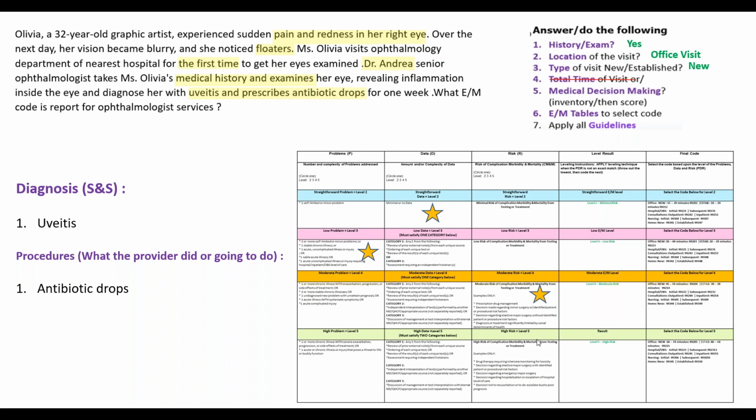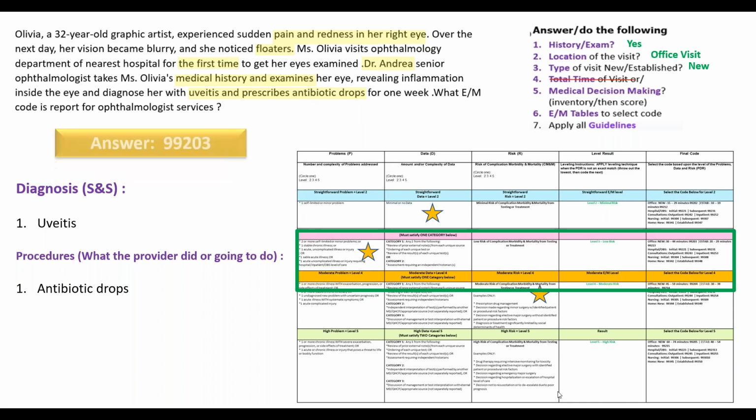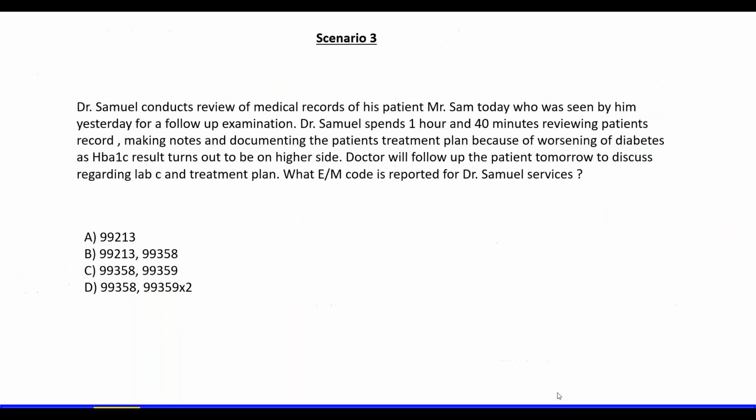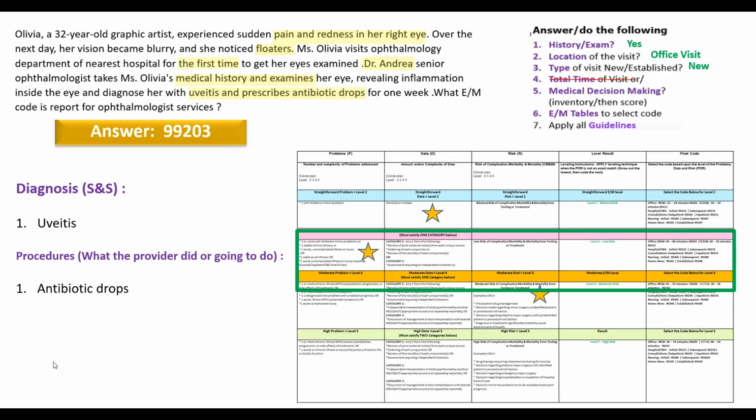This is prescription management and antibiotic drops were prescribed. Yes, that would be a moderate level risk. And then we will throw out the lowest level, and we would take the next highest level. That would be 99203. Exactly.